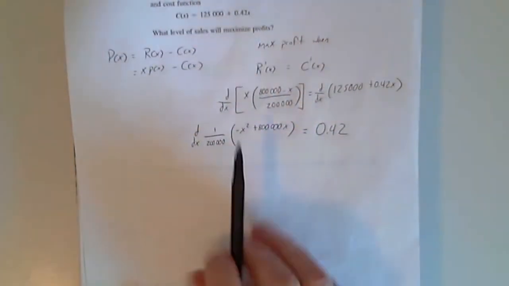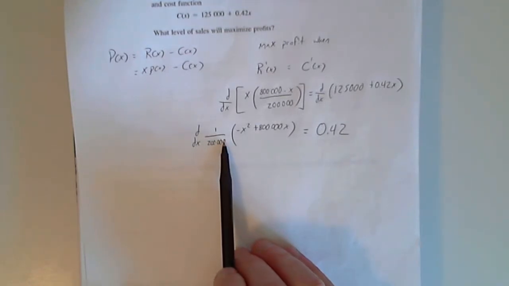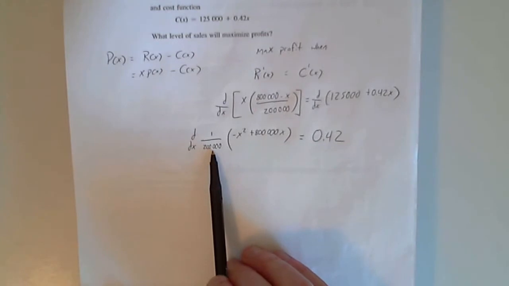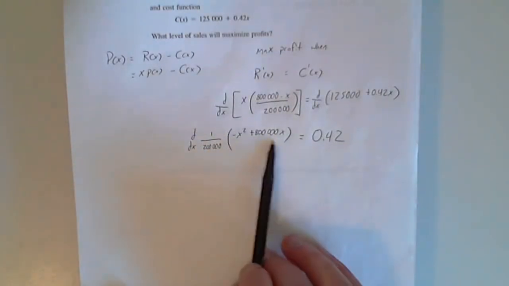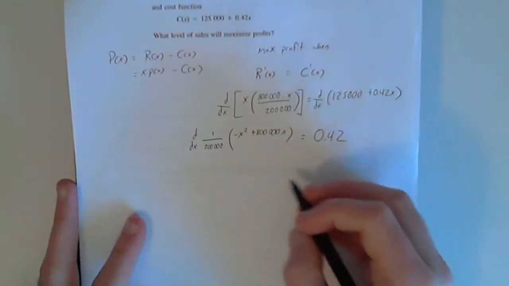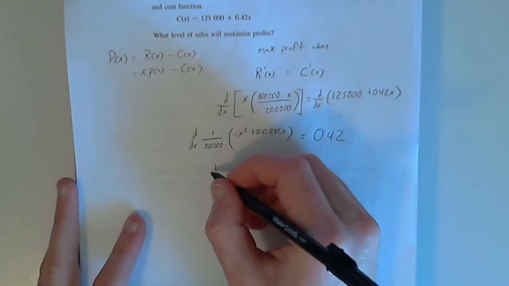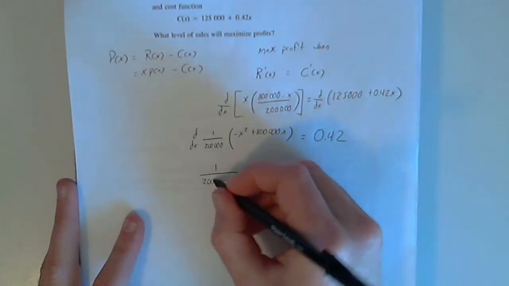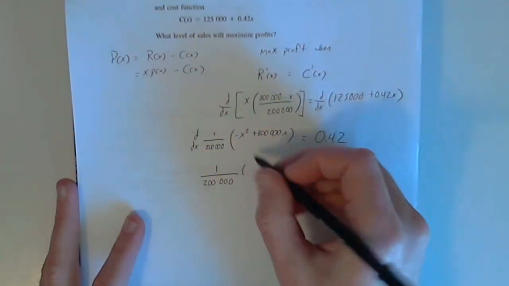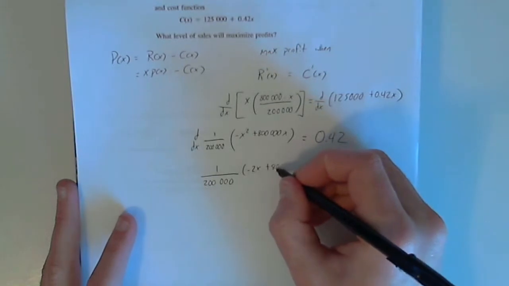The reason this is so easy to do the derivative of is that the coefficients don't matter for derivatives. You can check with the product rule if you like, but this won't actually affect it. So it's actually just the derivative of this inside part. The coefficient does stay at the front. It just doesn't create any more complications. This is going to be negative 2x plus 800,000.